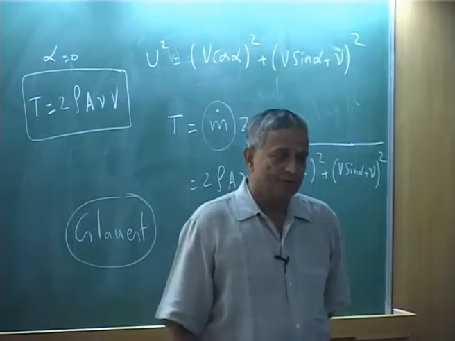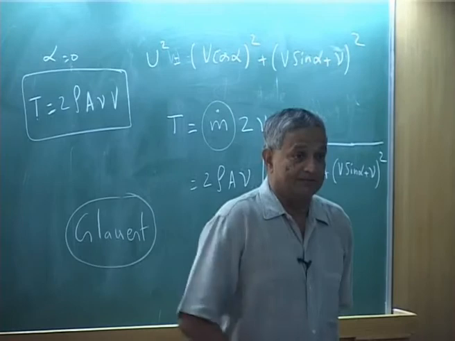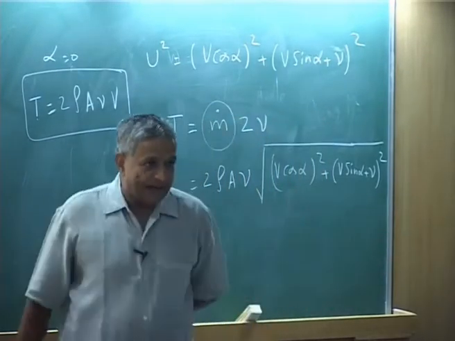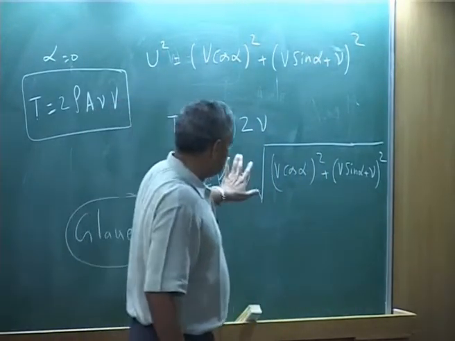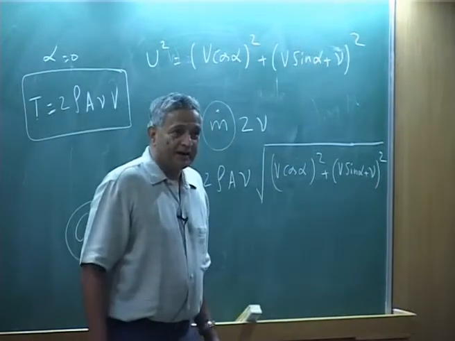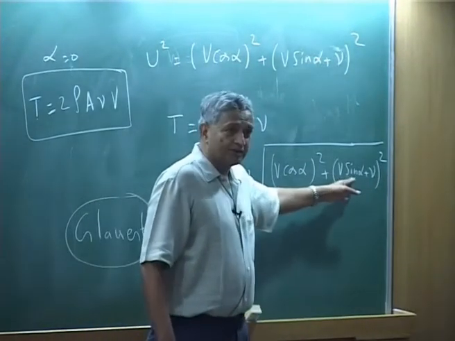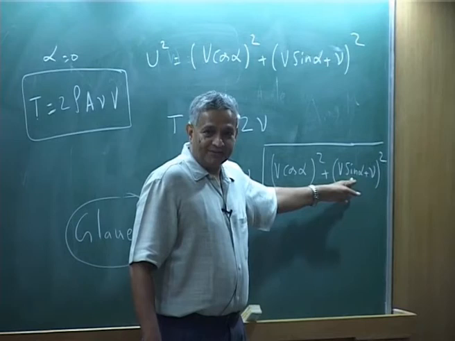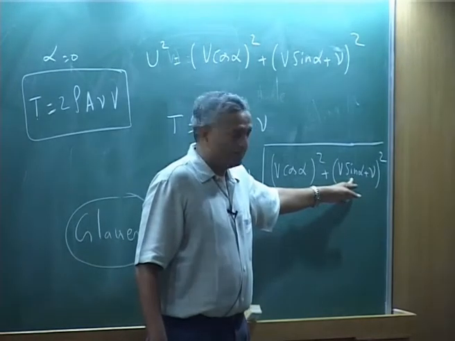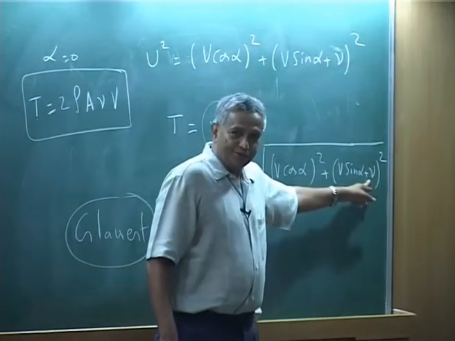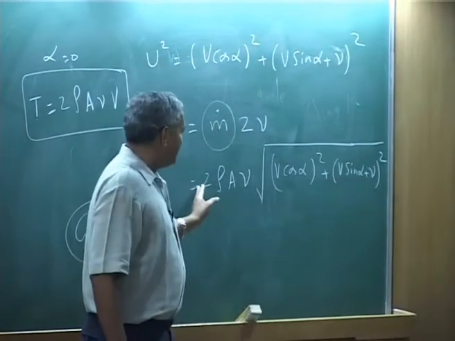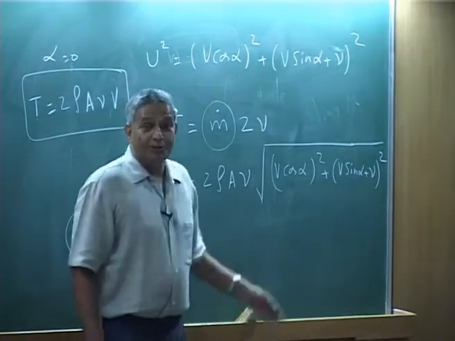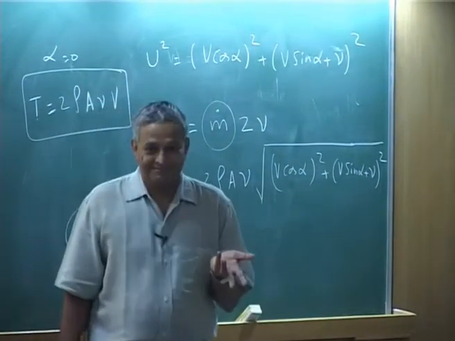Then you will see, oh, this is the reason it is put in. Suppose I neglect this V cosine alpha from this whole expression in high speed flight, what will happen? Alpha is 0, this is gone. This is only nu square, that will be nu. So, you will have 2 rho A nu square.